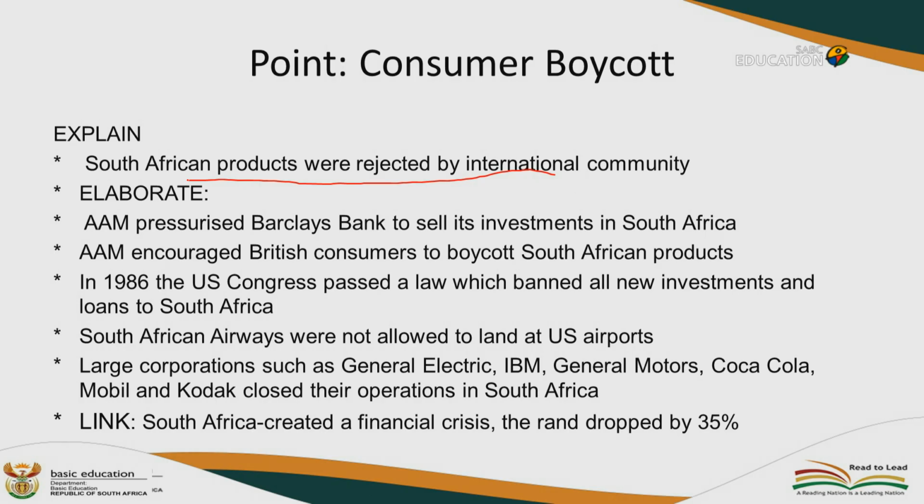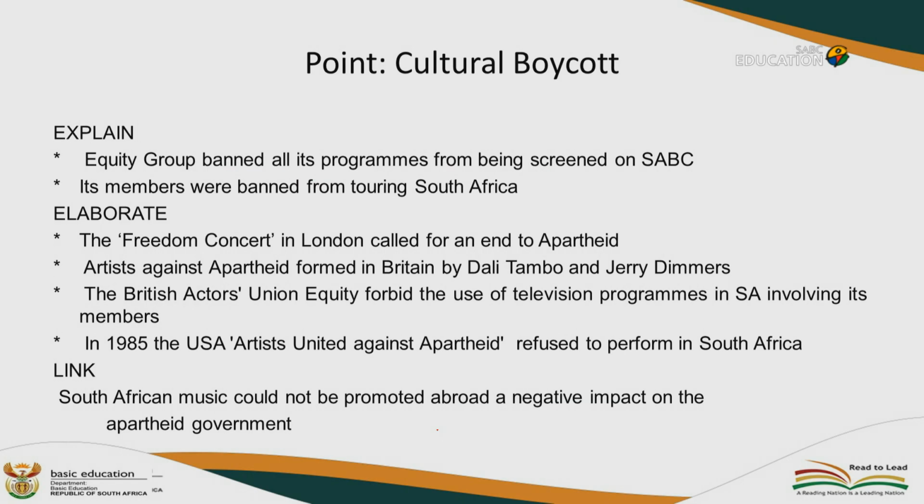Then how do you link that to your question? South Africa faced a financial crisis and the rand dropped by 35%, an indication that this boycott impacted negatively on the apartheid government.